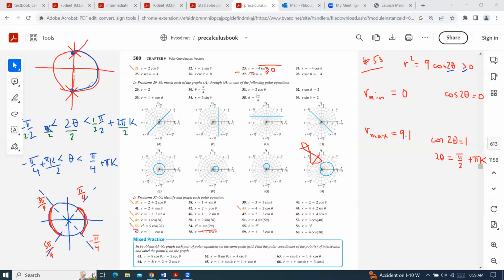Because if I rotate by another pi, I will get here, and rotate again by pi, get there. So I take a half of everything, so put 2 in the denominator. We get angles theta, where we have our largest values of radius, which is 9, and this happens at pi over 4 plus pi over 2 k.